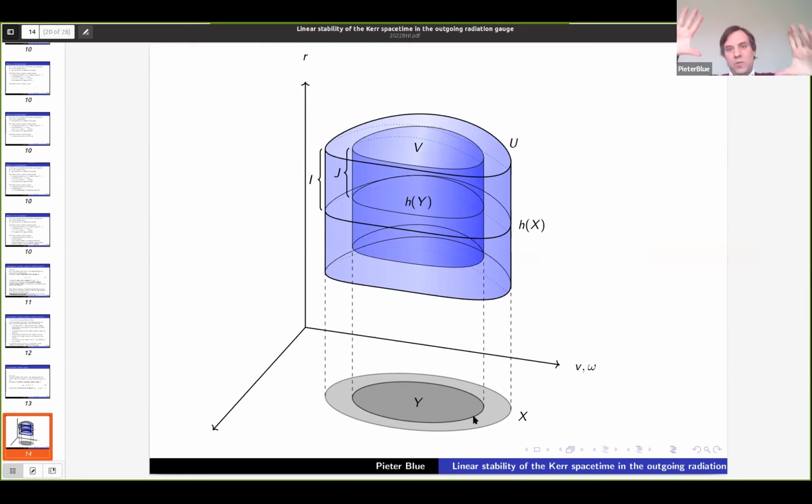The big slab is U, and we'll have a sub-slab V, and then we're going to apply some local diffeomorphism to V, and that's going to slightly shift it around within U. Similarly, we've got a slightly reduced set of initial data, H of Y, and it's going to get shifted around inside U, and that gives us a slightly perturbed initial data set. So we've got this slab, and a sub-slab that we can move around a little bit with a small diffeomorphism and still stay within our set. So that's some sort of tedious set theory.